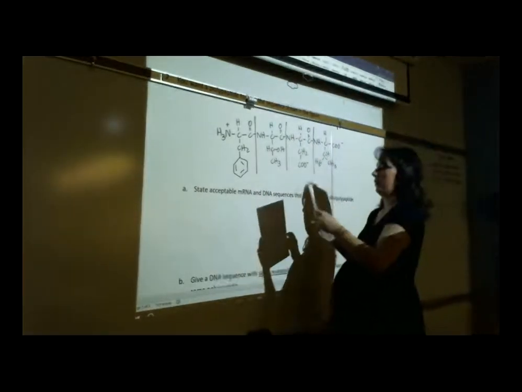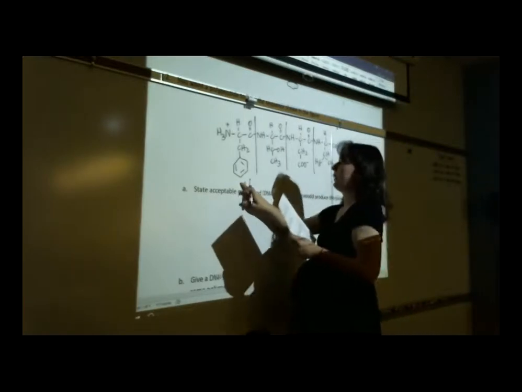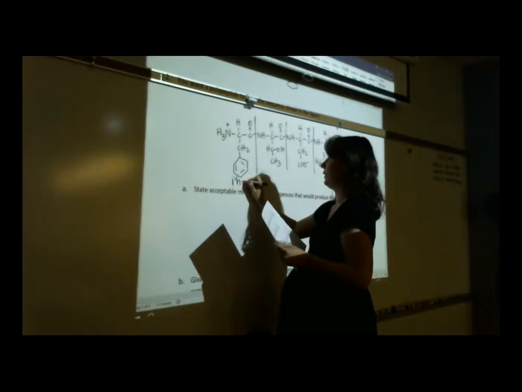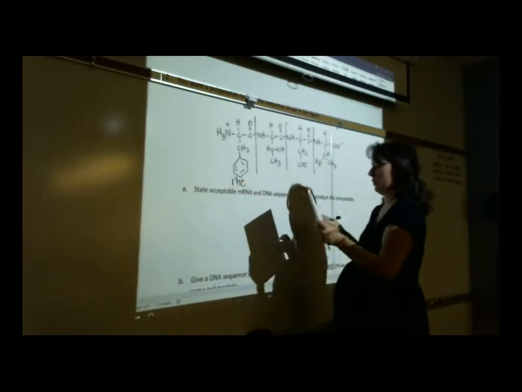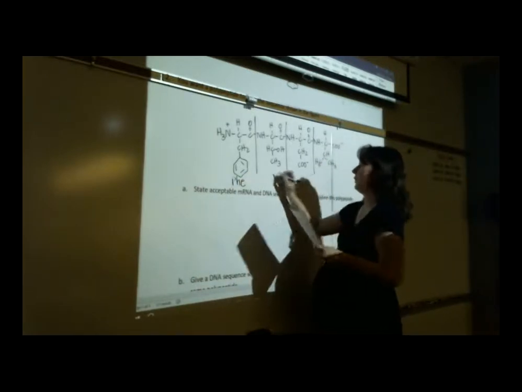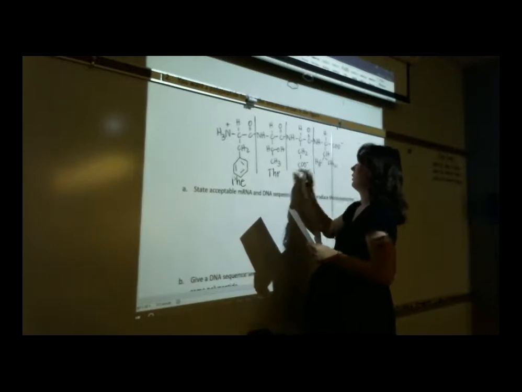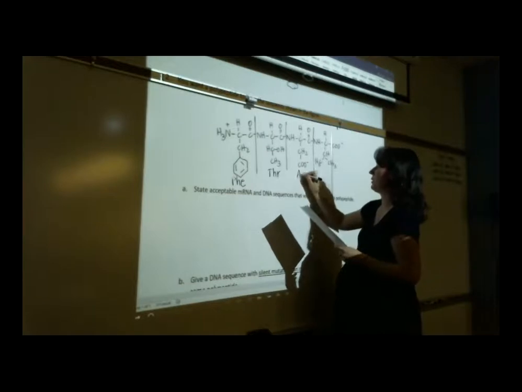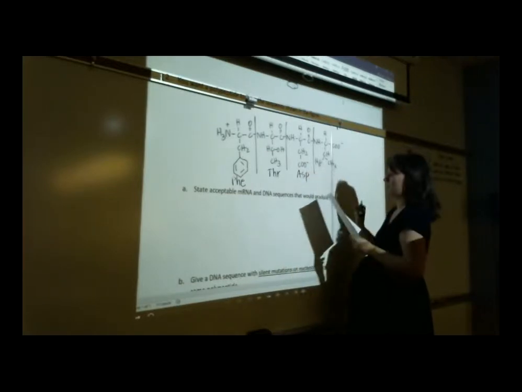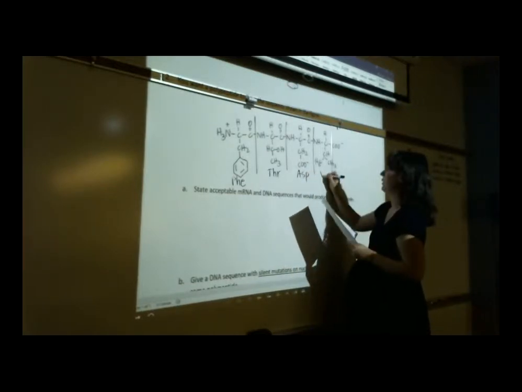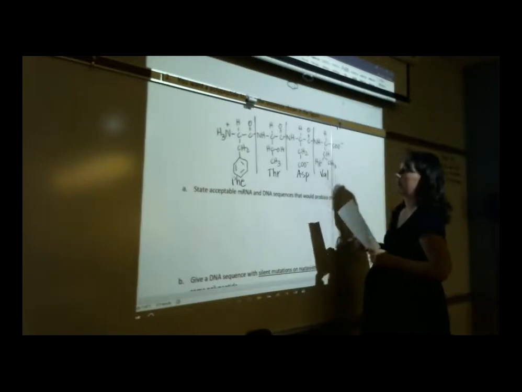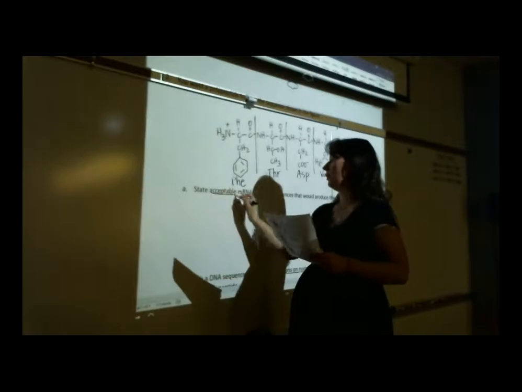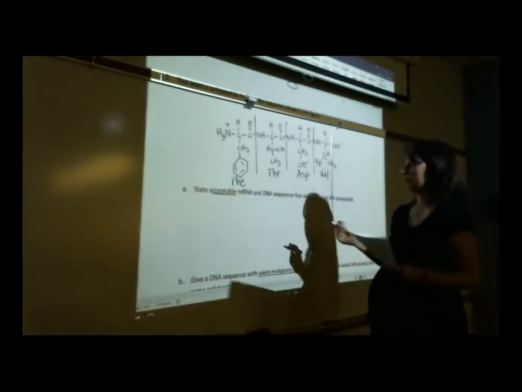Using our handout, what's this one? Phenylalanine, okay. And what about this one? Threonine. And what about this one? Aspartic acid. And this one? Valine. Okay. Now again, I said give me acceptable, which means there's more than one that would work, right?